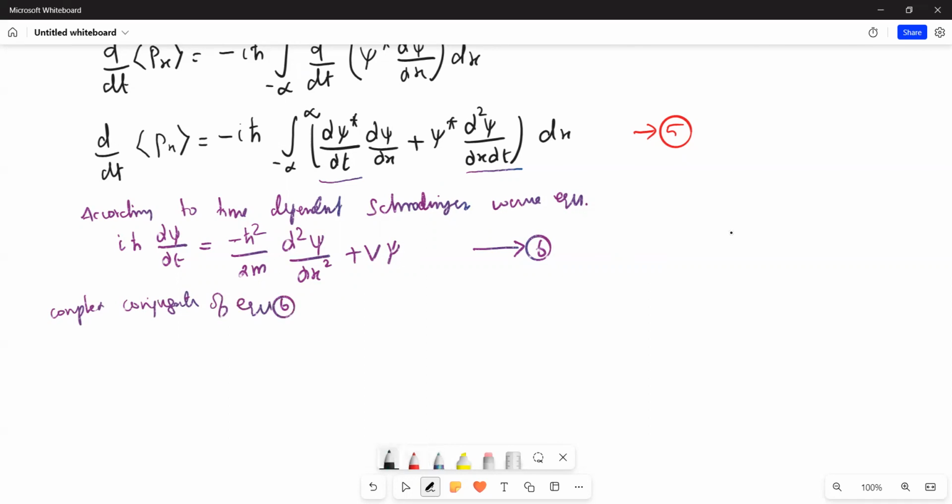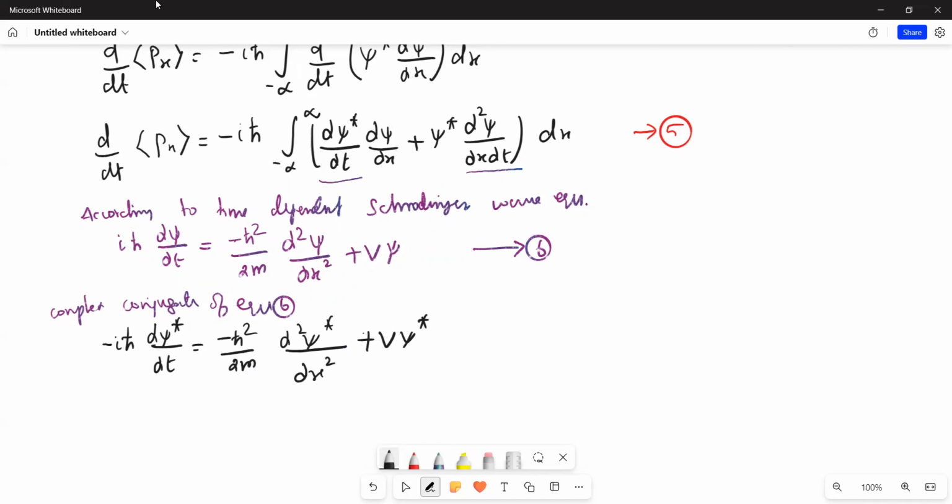So what you will get? Complex conjugate. So minus i h cross dou psi star by dou t is equivalent to minus h cross square by 2m dou square psi star by dou x square plus V psi star.